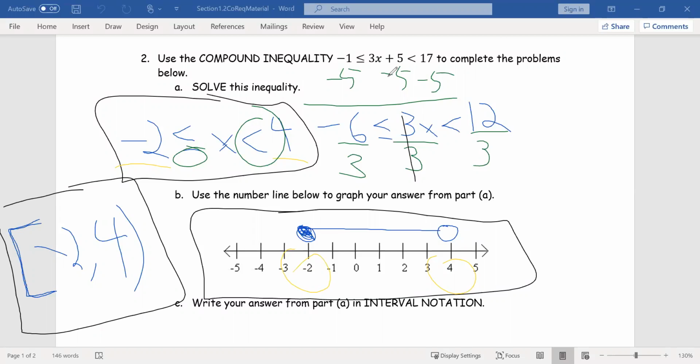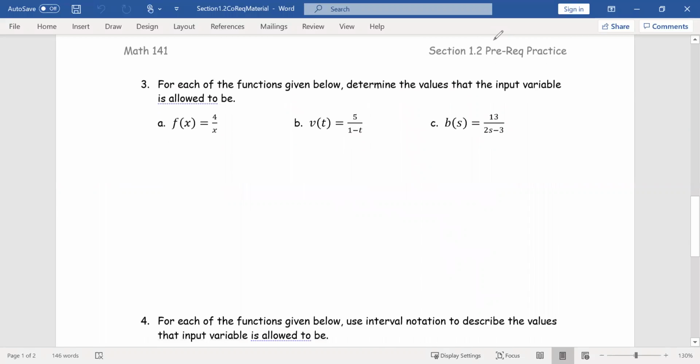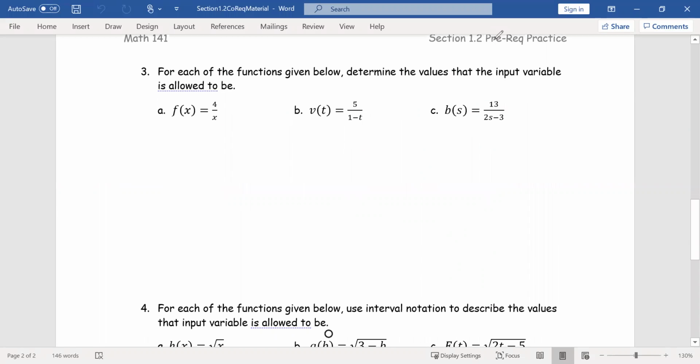All right. Moving right along then. As we get set up to talk about something called domain and range in section 1.2, we want to look at functions and think about what sorts of numbers are allowed to be in for the variables. And so let me explain more about what I mean by that.